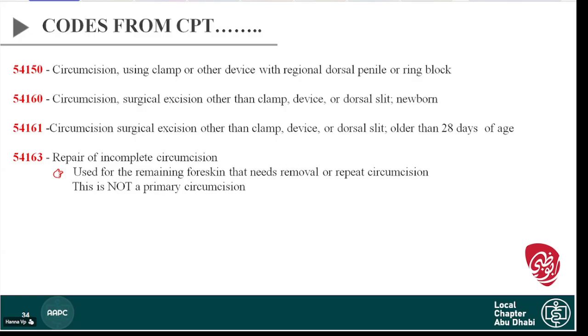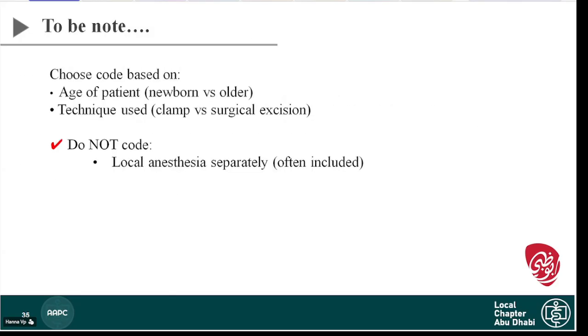So let's see some things you should keep in your memory. This is to be noted. What are the main requirements to take the code for circumcision? You should first confirm the age of the patient, whether newborn or older. Then you should check the technique used. What techniques are mentioned? Clamp versus surgical excision.